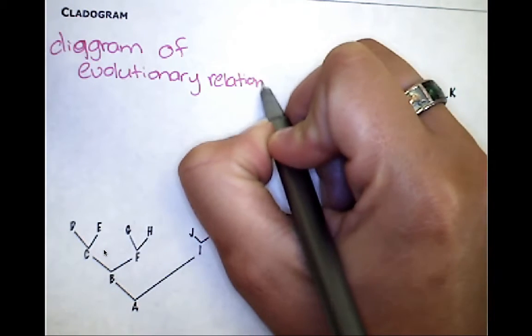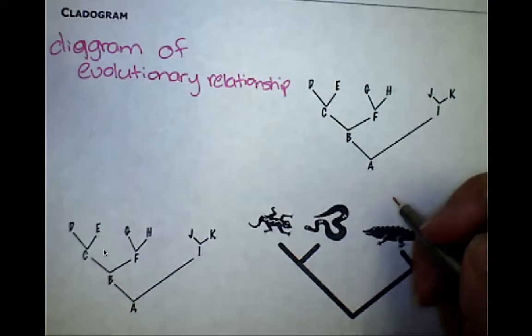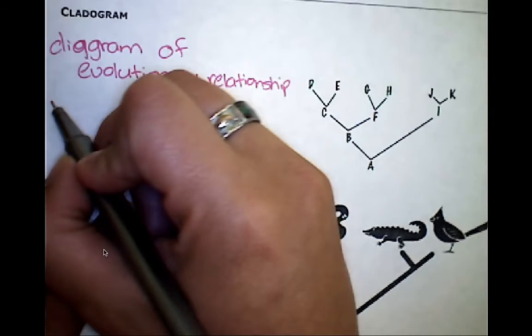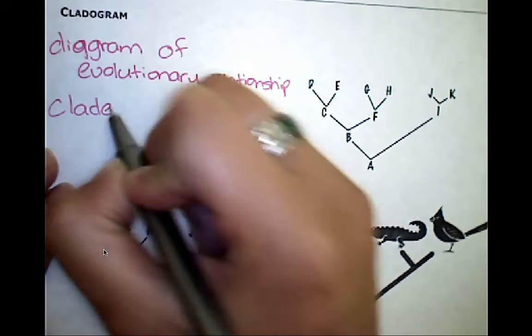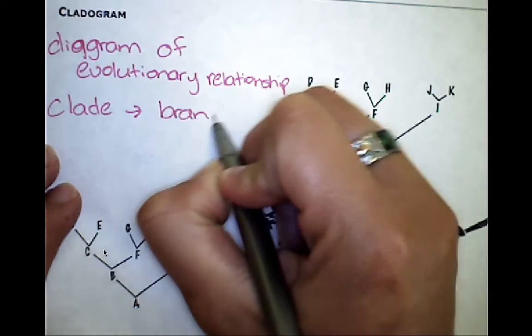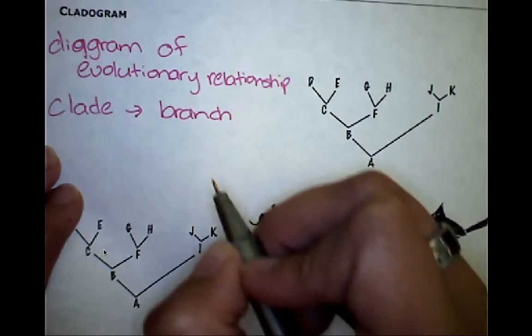And we're going to learn how to make these and draw them and analyze them and all that kind of stuff, okay? And so you have branches or clades. So a clade is just a branch or a group on the cladogram.